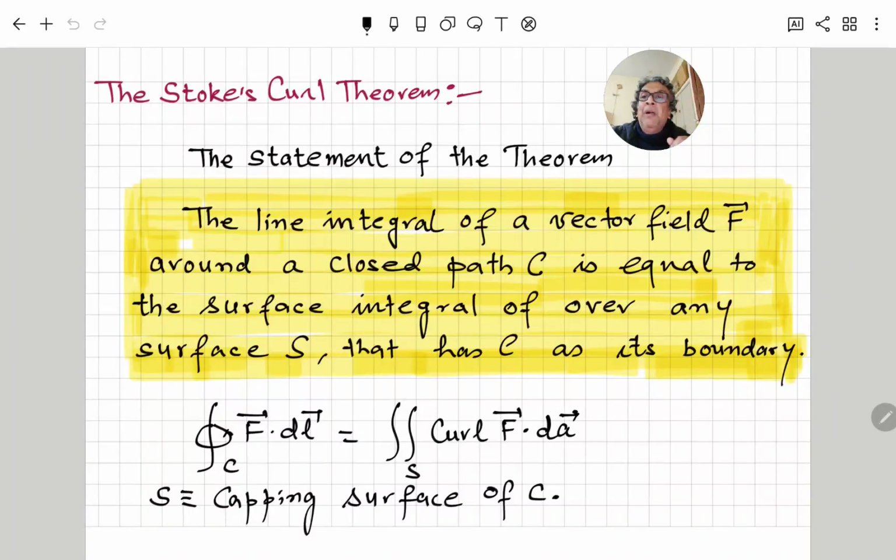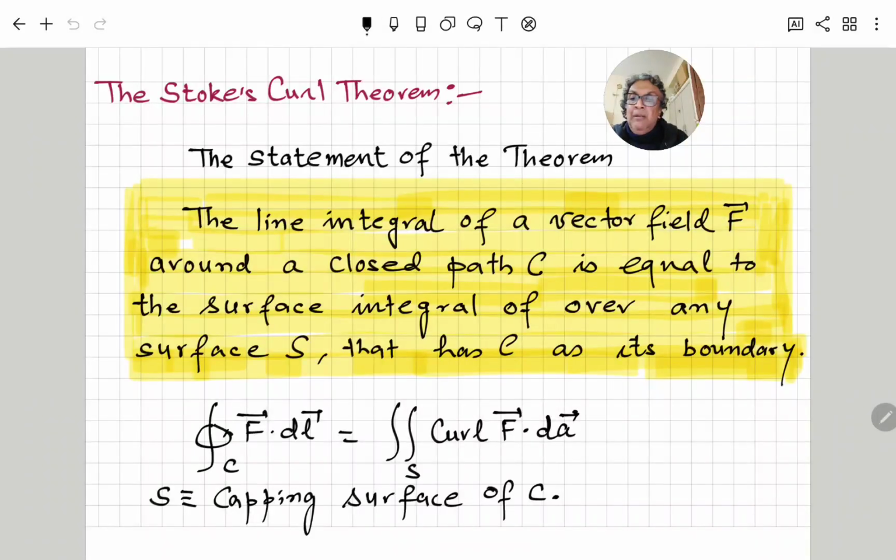So coming back to the curl theorem, Stokes' curl theorem, its statement is, line by line: the line integral of a vector field F around a closed path C is equal to the surface integral over any surface S that has C as its boundary.